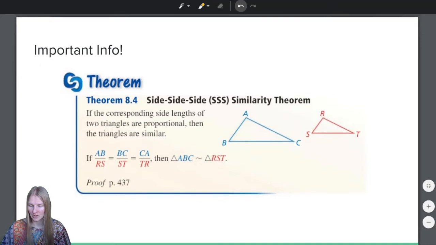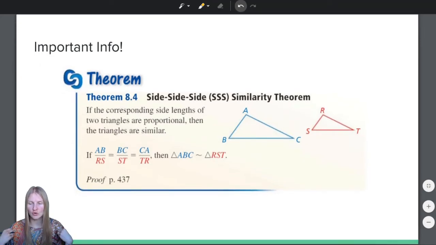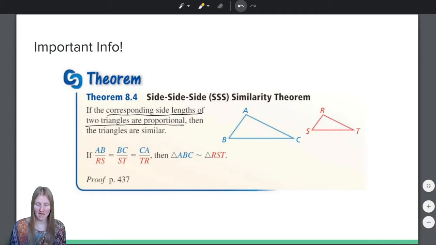All right, let's jump into the meat of the lesson, the new stuff, the side similarity theorem. So what this theorem says is if the corresponding side lengths of two triangles are proportional, then we know that the triangles are similar.